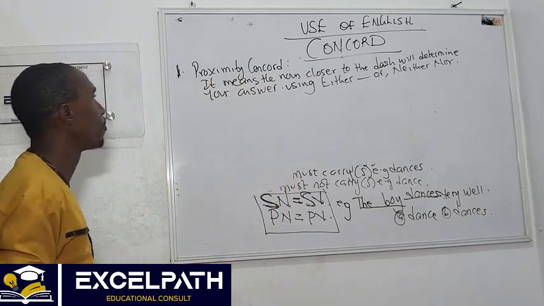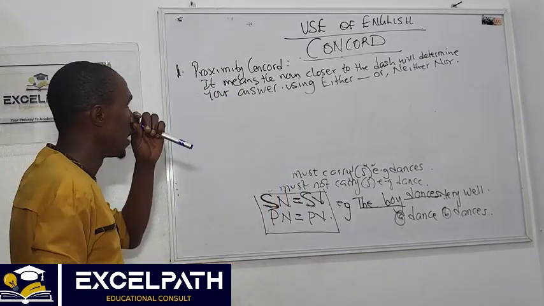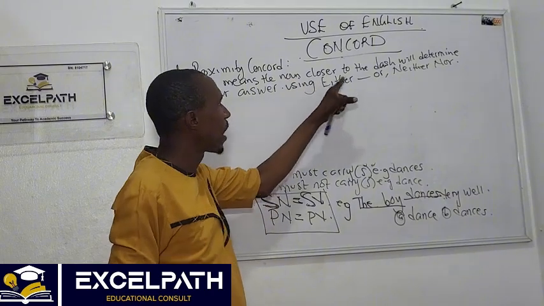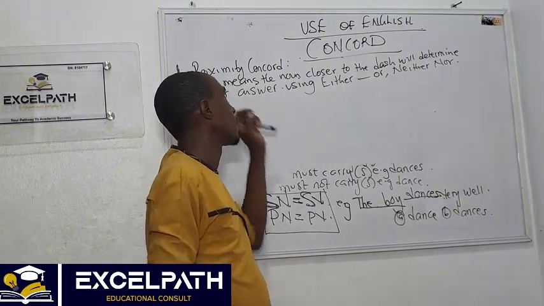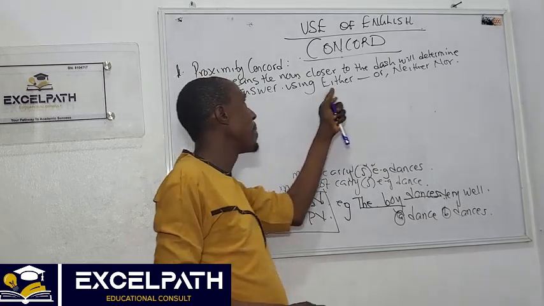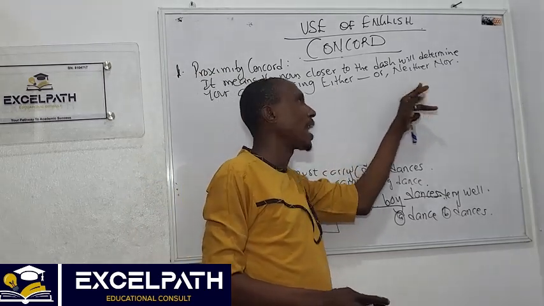The principle of proximity concord means the noun closer to the dash will determine your what? Answer. But under this proximity concord, you are making use of either/or, neither what? Nor.